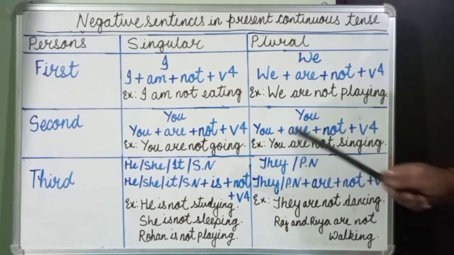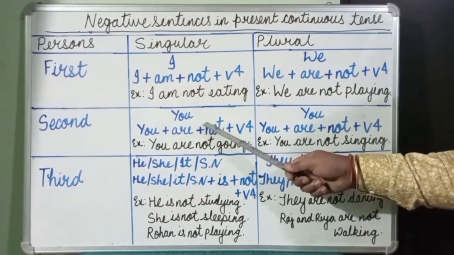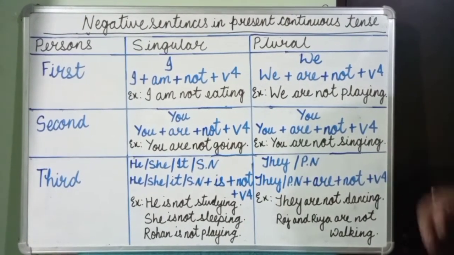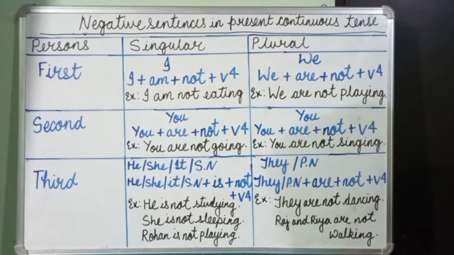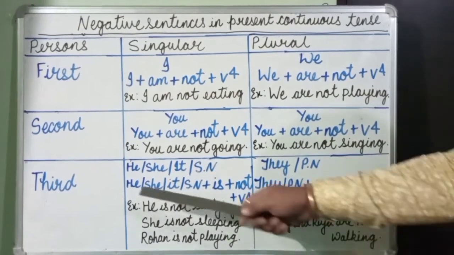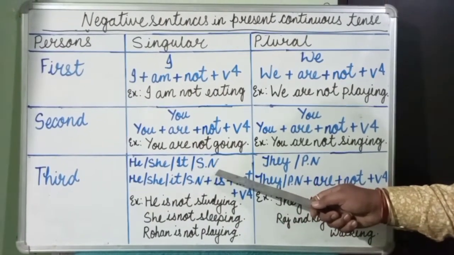Here the both look same, but the only difference is here we are talking about only single person and here we are talking about more than one persons. Now third person singular, the subject is he, she, it or any single name.